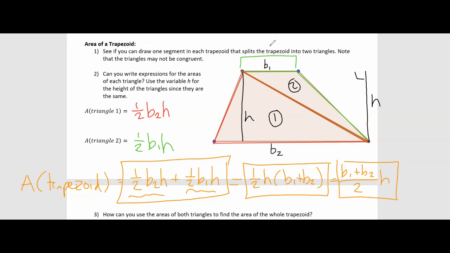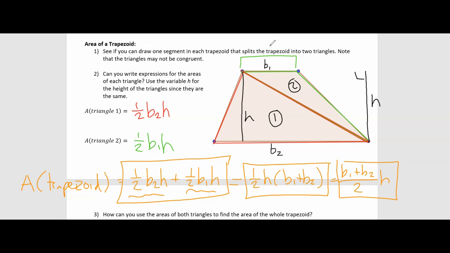So what this means is that if you forget the area formula for a trapezoid, it's not one that you use that often. So on an ACT, they may throw you a trapezoid question dealing with area, and you may not be given the formula for it. Well, almost everyone remembers the formula for a triangle, right? So it's possible that you may have to break the trapezoid down into two triangles to figure out the area of it.